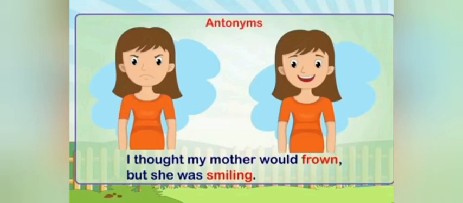Let's see an example. I thought my mother would frown, but she was smiling. Here we use two words that are opposite to each other, frown and smiling. The meaning of the sentence is totally changed just because of the use of these opposite words.